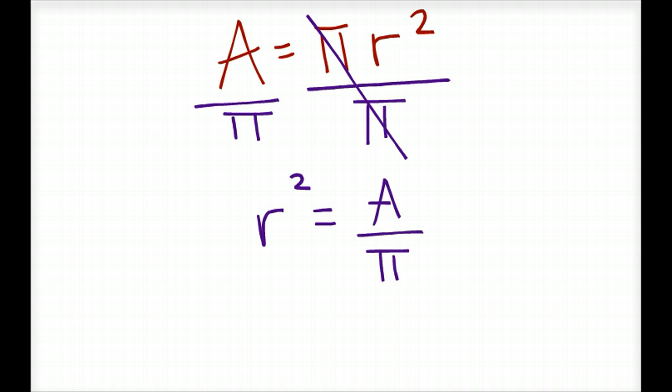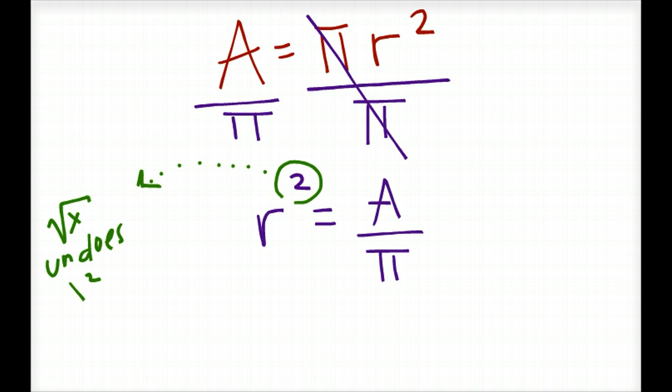Now let's take a quick note here. To get rid of a square, you have to do the square root. The square root undoes a squared. There's our little takeaway.